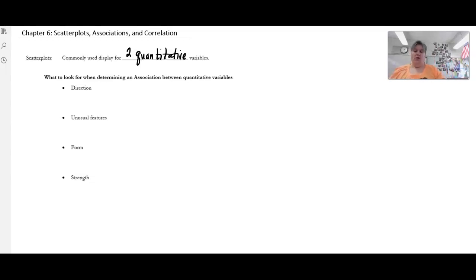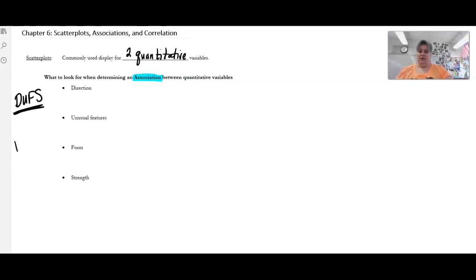Okay, so when we are looking at a scatterplot, we have to be able to determine if there's an association. In our previous unit, we talked about things in terms of distributions. We will not have a distribution for scatterplots. For scatterplots, we have associations. Now, when we describe scatterplots, we're going to use DUFs.